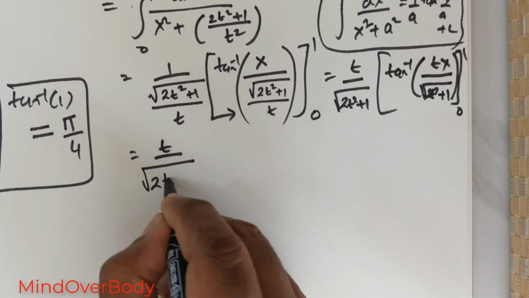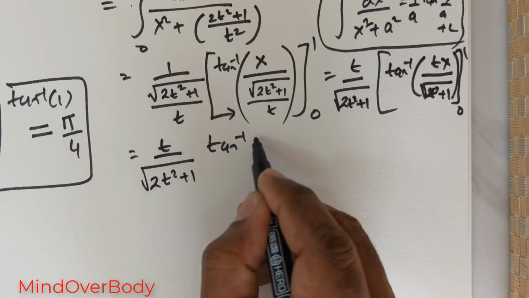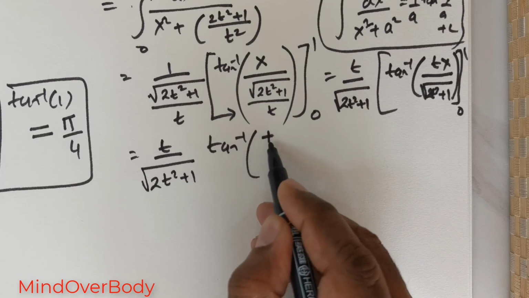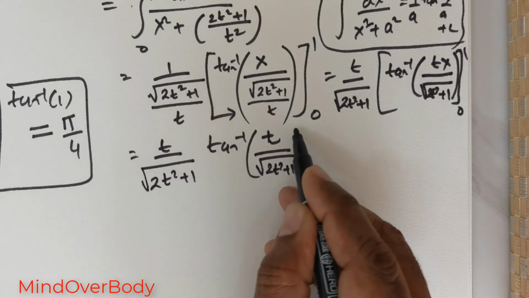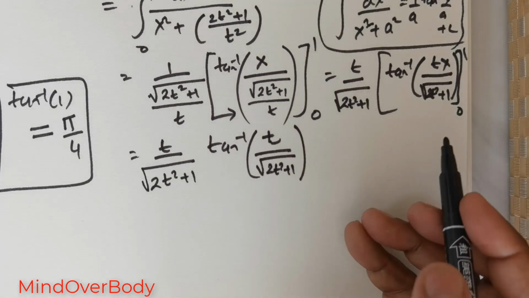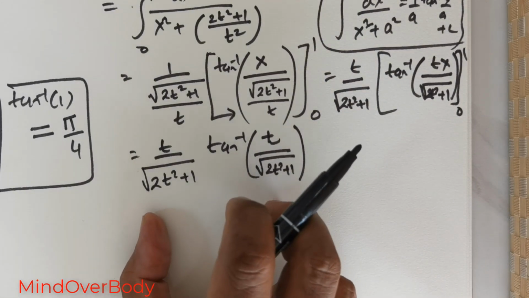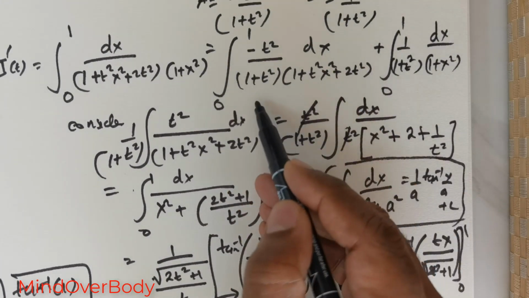So t over root of 2 times t squared plus 1, and this is going to give me tan inverse of x being substituted, so it's going to be t over root of 2 times t squared plus 1. Of course, I'm not worried about the lower limit. It is giving me 0. So all this has been obtained from considering this part of the integral.